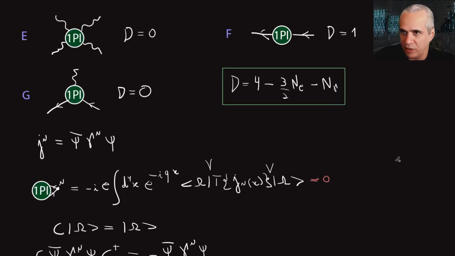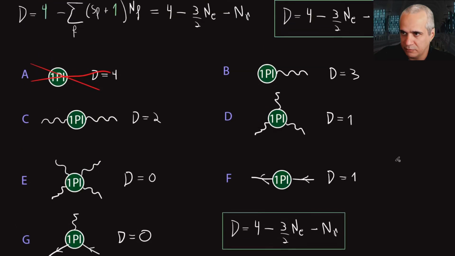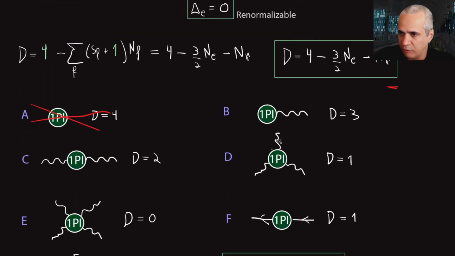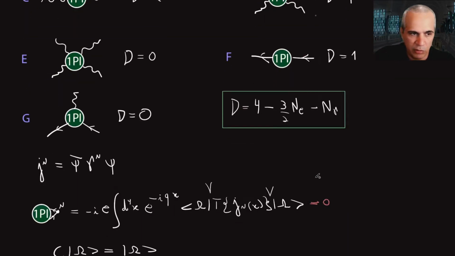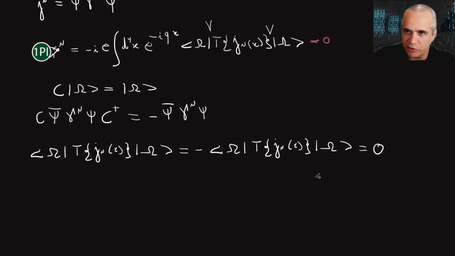So let me go up here. And what I'm saying is that I don't have to worry about this guy just by symmetry considerations, right? Should be also clear that this also applies to this guy. In fact, any diagram with an odd number of external photons will be also proportional to something similar.